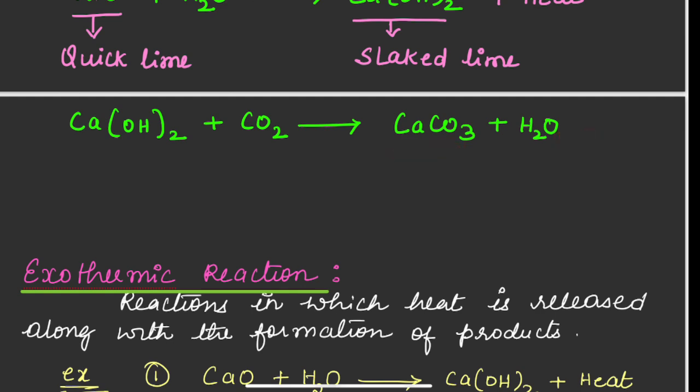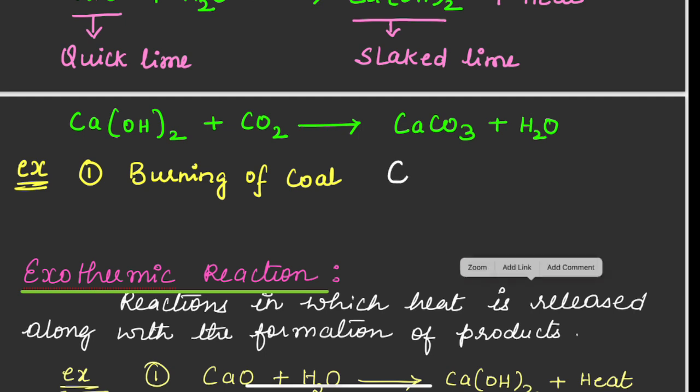Next, some more examples we are going to learn now. Some more examples for combination reaction. First example is burning of coal. What is the chemical equation for this? Coal meaning is carbon. Carbon is the formula for coal.